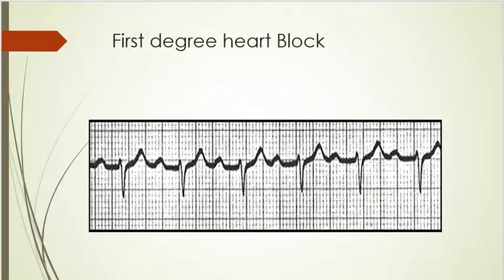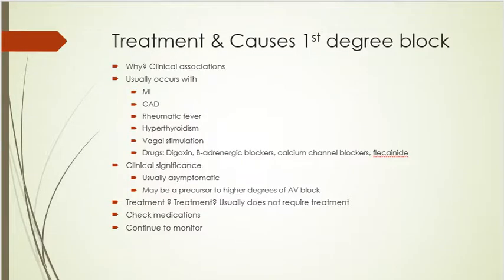This is not an emergency, but it may indicate damage to the myocardium that has occurred. Sometimes we look at blocks and we worry if a more serious dysrhythmia will occur. Your causes could be along the lines of CAD, rheumatic fever, hyperthyroidism, vagal stimulation, or some drugs that slow conduction through the AV node.